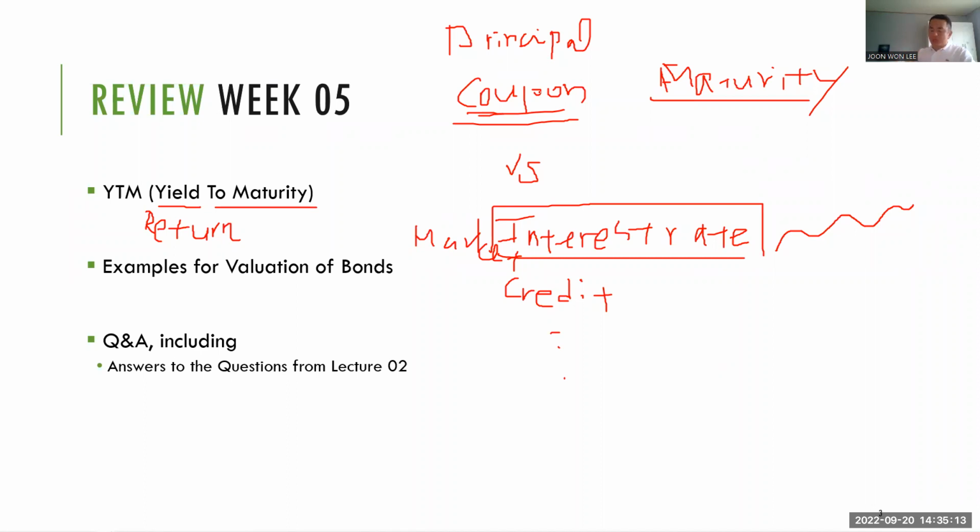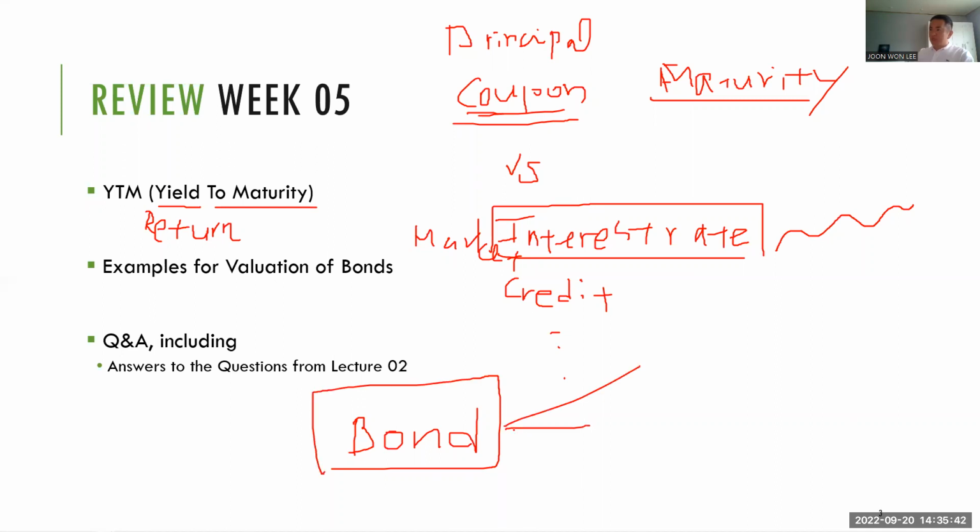Okay. In the last lecture, we talked about the valuation of a bond, right? First of all, you understand the features of a bond. As I said, a bond is one of the fixed income products, right? The most representative product of fixed income is a bond.